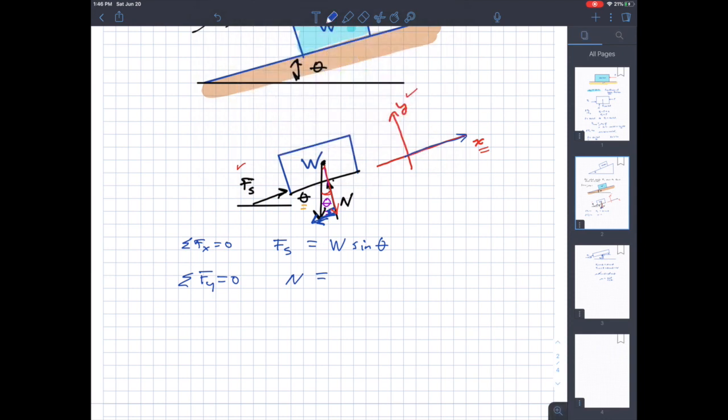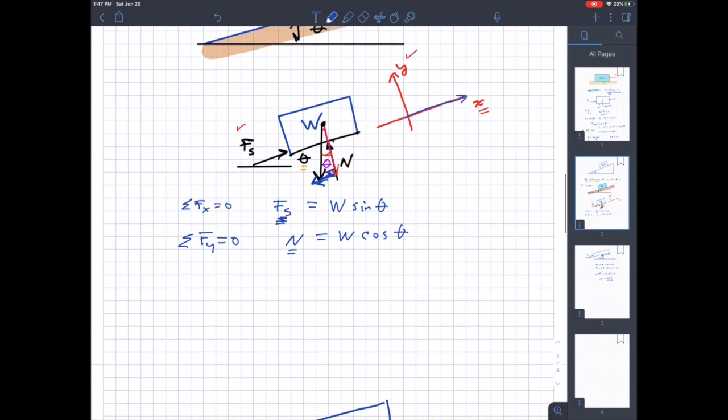So that would be W cosine theta. We have those two equations. Now normally, for a given theta, Fs will adjust to be equal to W sine theta, and the normal force is just what's given here. But if we start to tilt the plane and increase theta, there's only so much that the friction force can apply, and once that's exhausted, once you exceed what that would be, the block starts to slide.